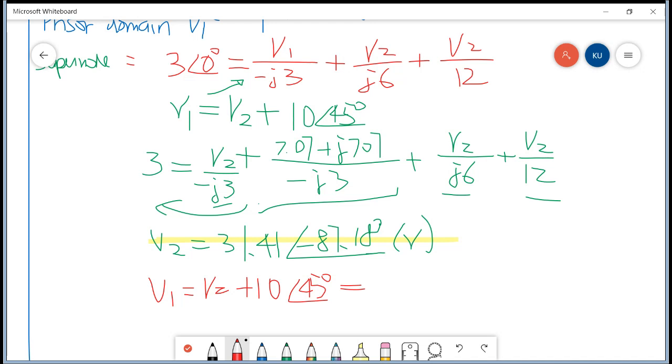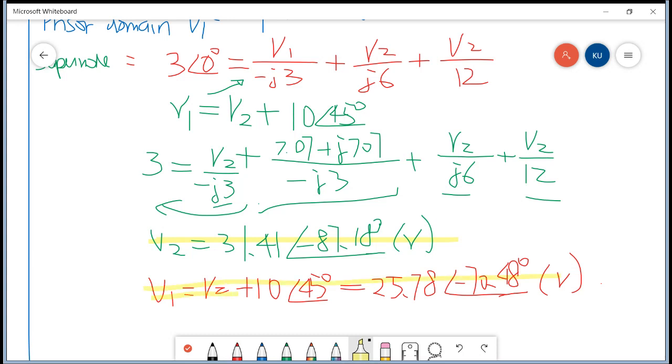So it will be 25.78 at minus 70.48 degree, also in volt. So actually for this question, the phasor is already the answer.